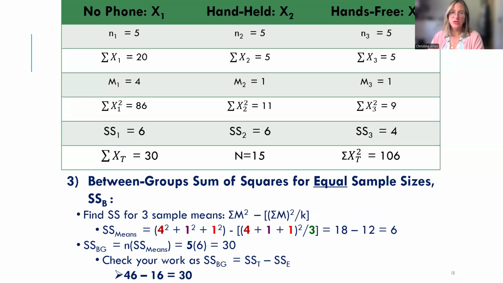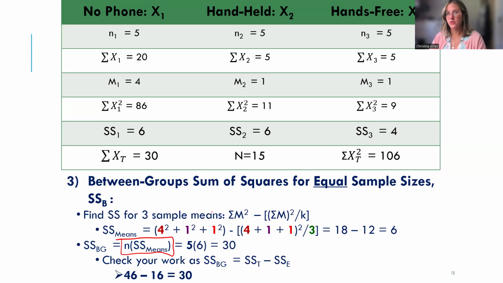The actual equation for this is right here: sample size times sums of square of the means. Now, this calculation can only be used for equal sample sizes.